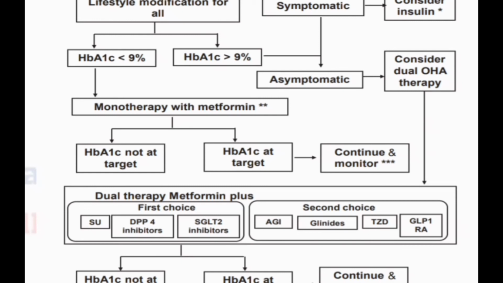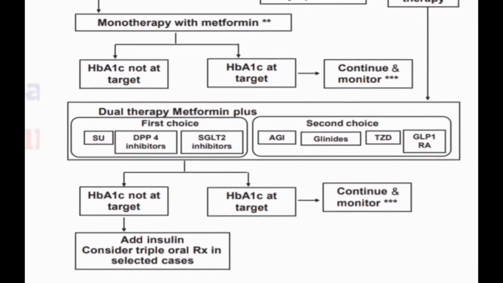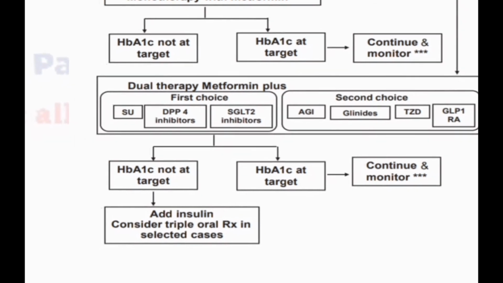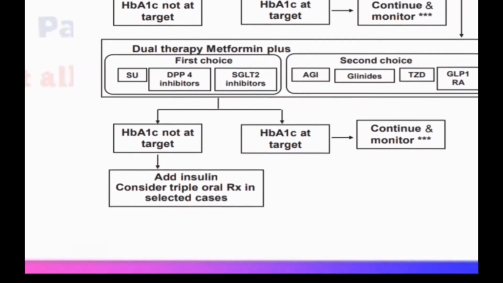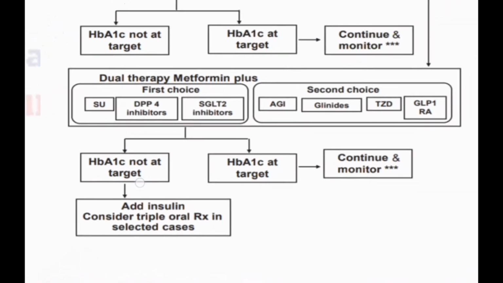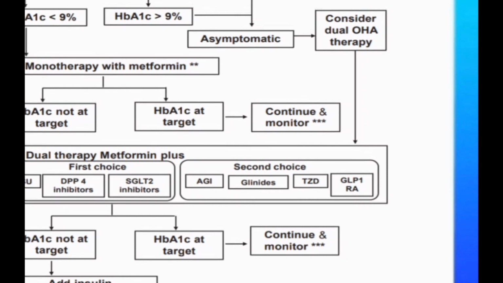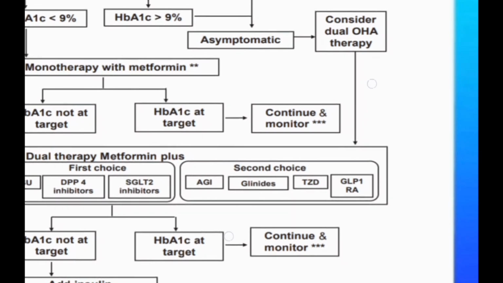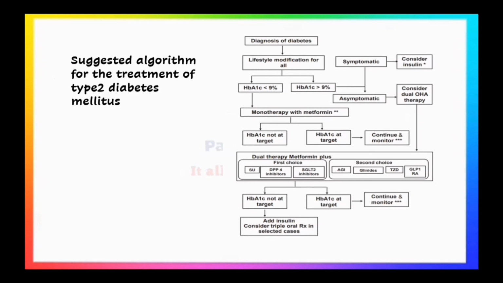And even after dual therapy with metformin plus another agent, if the patient's HbA1c is not at target, then you have to add insulin and consider triple oral treatment in selected cases. Or if HbA1c is at target, then you continue and monitor. This is the suggested algorithm for management of type 2 diabetes mellitus patients.